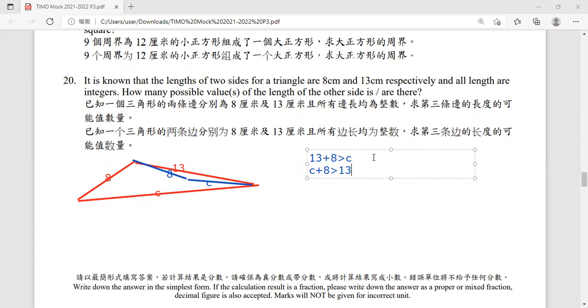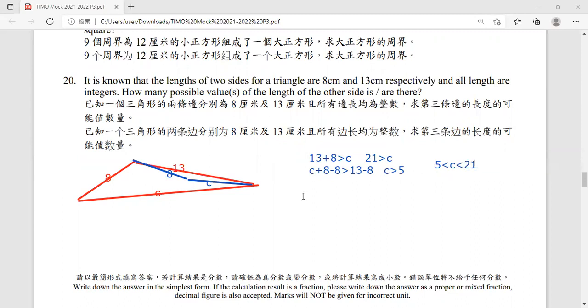If not, they are not a triangle. So now you can know that C is less than 21. And from here, you subtract 8 from both sides, so C is greater than 5. You group it together, so 5 is less than C, which is less than 21.